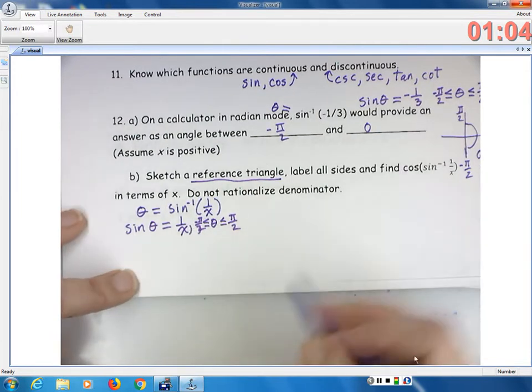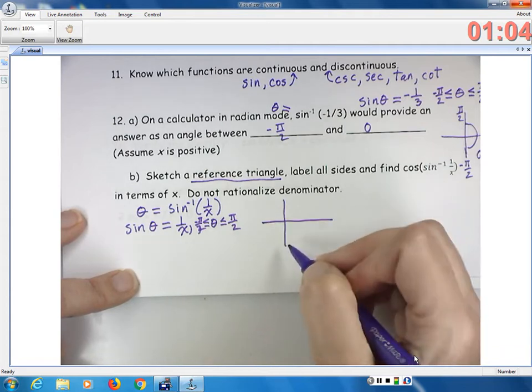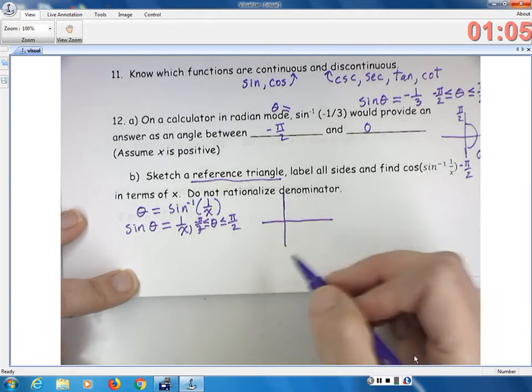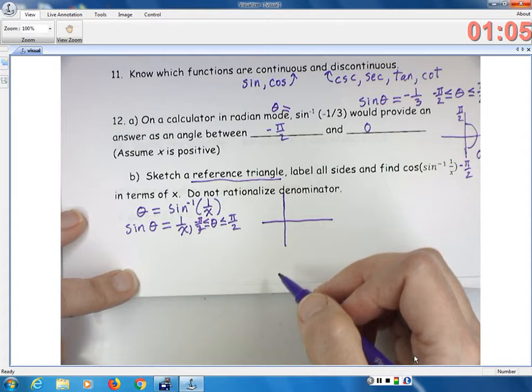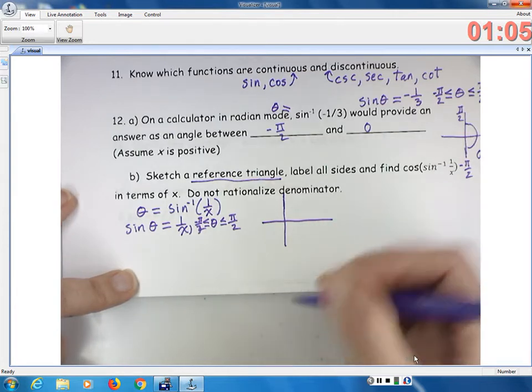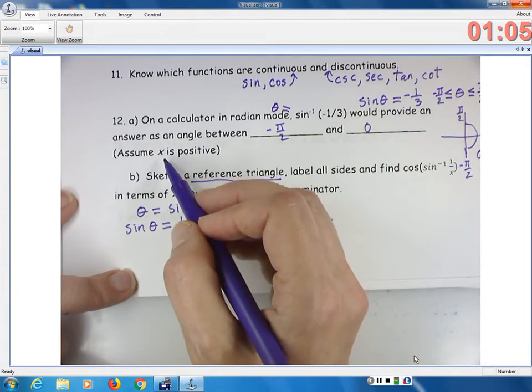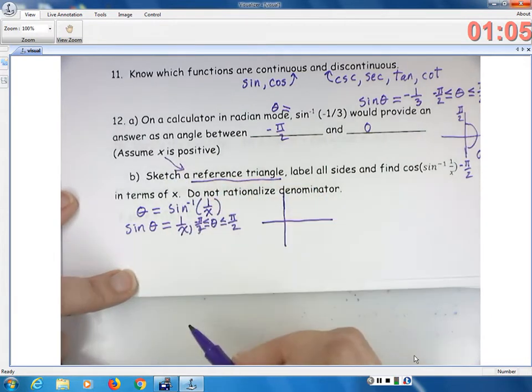All right, so let's just assume x is positive. Did it say, assume x is positive? It said x is positive up here, maybe that goes with this problem. I think that goes with this problem.